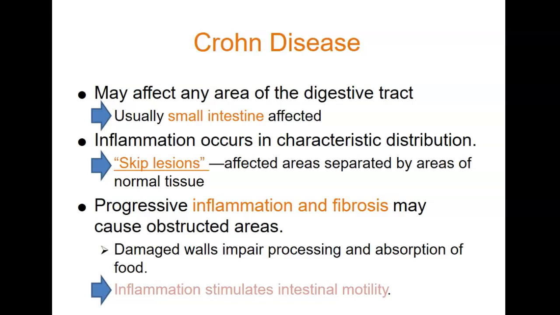And then there is a region that's inflamed again, and then there's normal tissue. It seems to happen in these spotty patches. Crohn's disease is really a progressive inflammation and fibrosis. So you have cellular destruction, regeneration, destruction, regeneration, leading to this chronic fibrotic state.